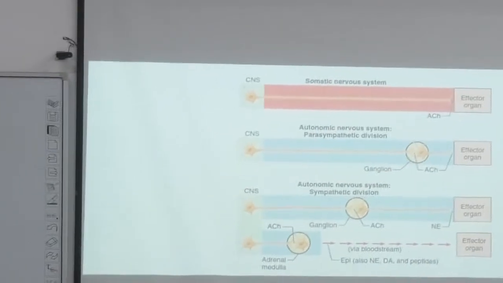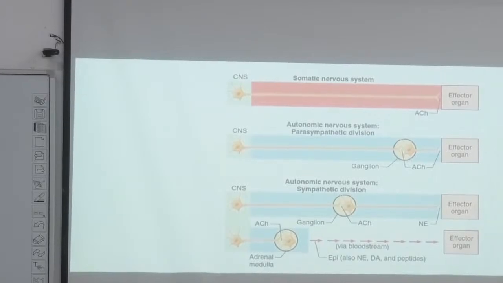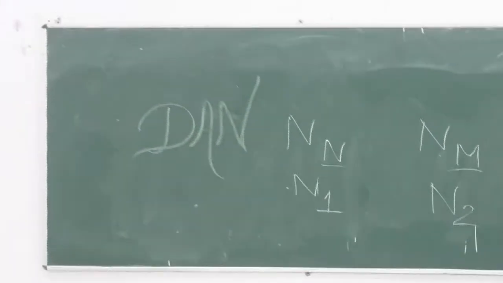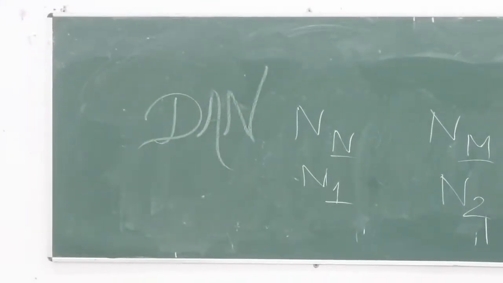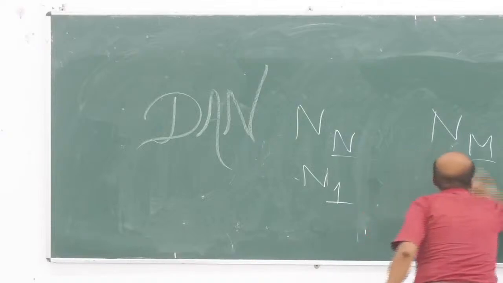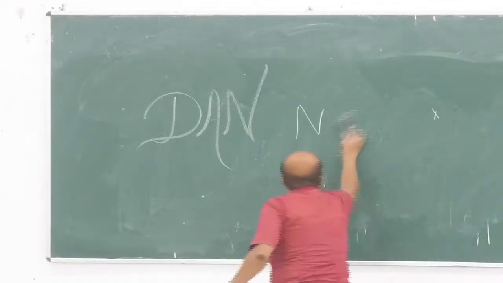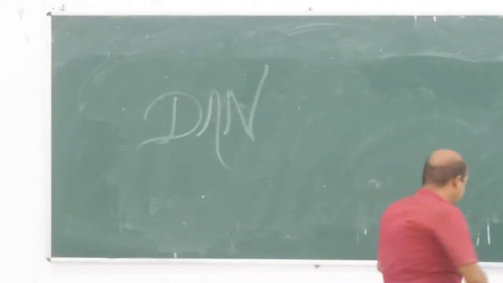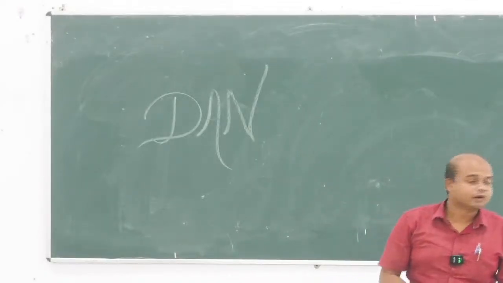Somatic nervous system, acetylcholine, cholinergic. So the receptor must be among these three, NN, NM or muscarinic. So the receptor is one subtype of N1.